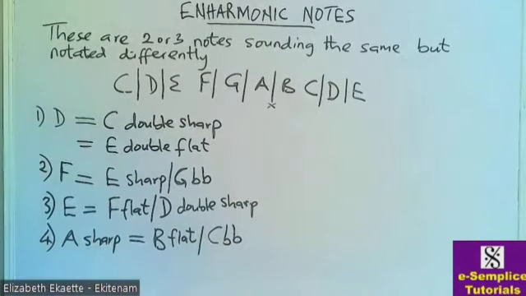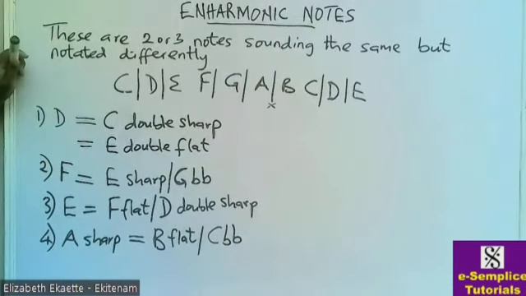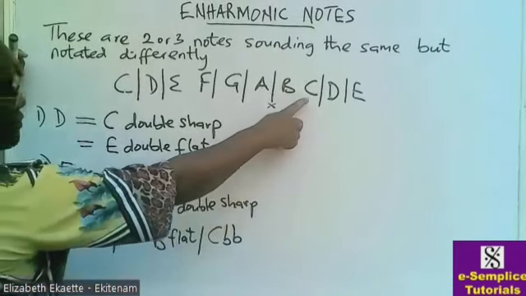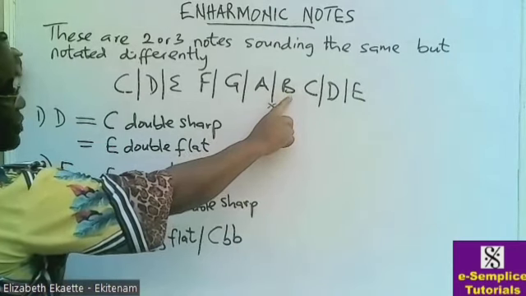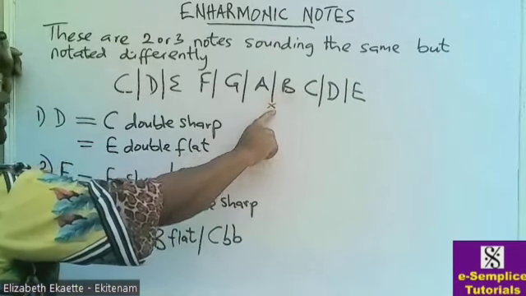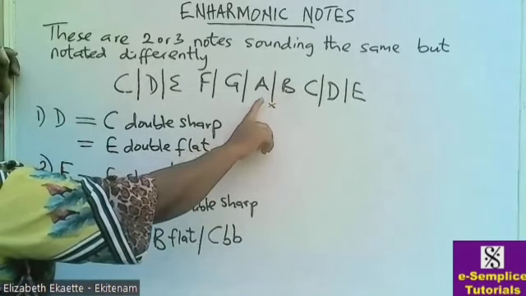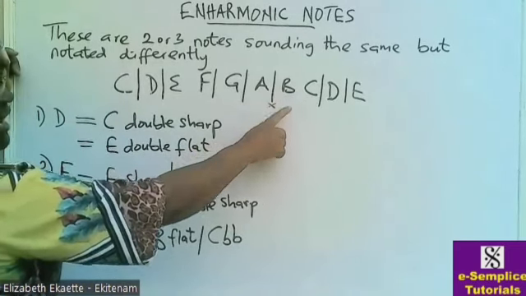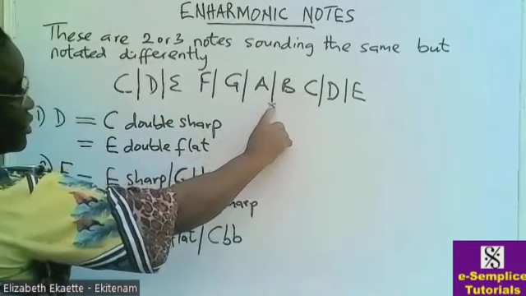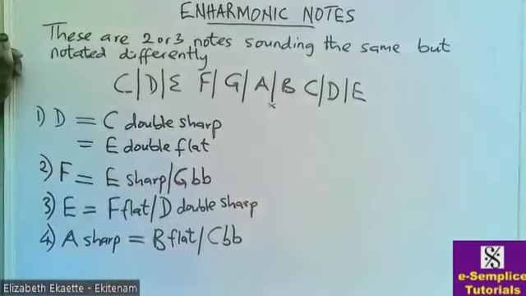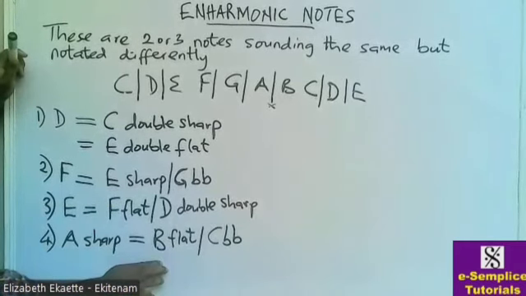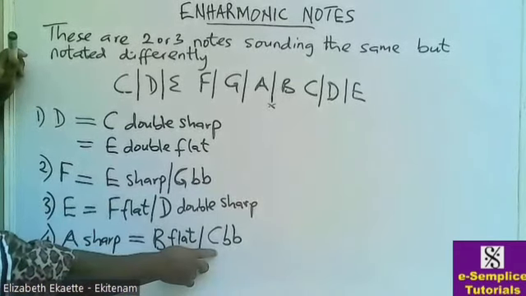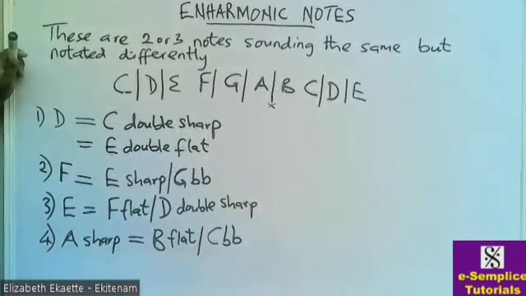C double flat should also land us on A sharp. If you flatten C twice, it brings you here the first time, flatten it the second time, it lands you here. So you can see A sharp will sound exactly like C double flat. So what are we saying? A sharp, B flat, and C double flat are enharmonic equivalents.